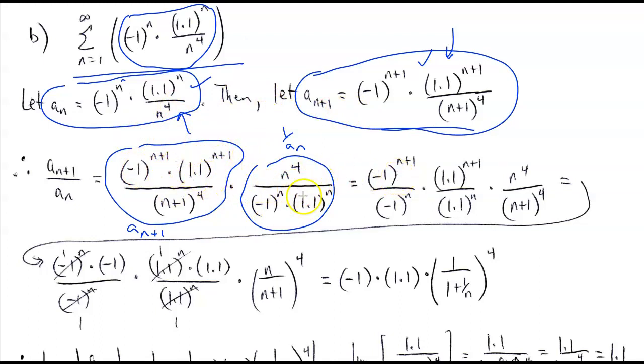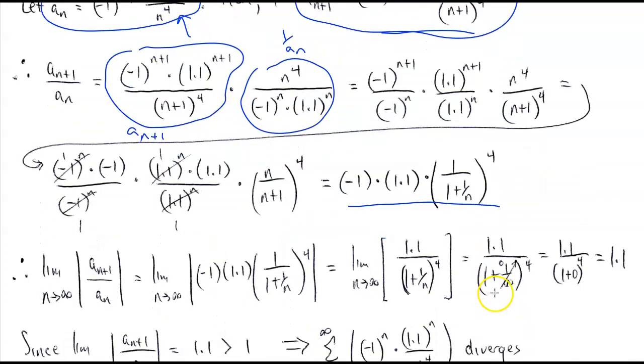So once you do all this, and it's just a matter of reducing everything and collecting terms to get it into something that we can work with. And so here we see that what we end up having is this -1, or basically a -1.1 times 1 over 1 plus 1 over n, all that raised to 4.